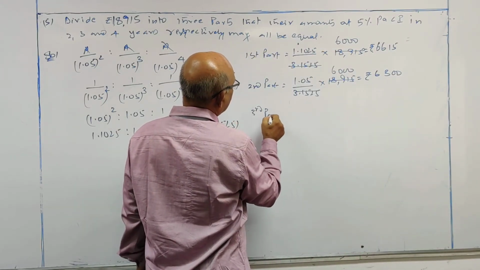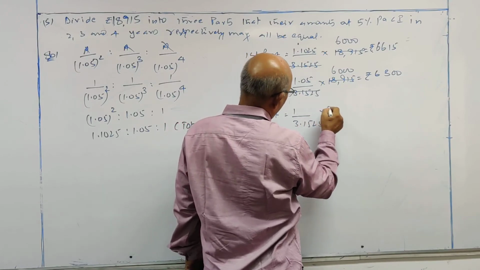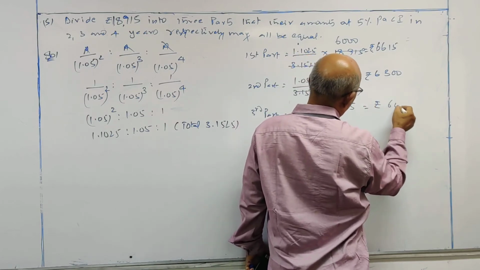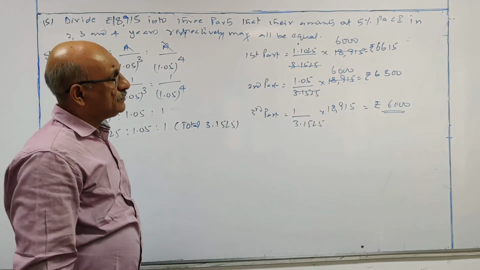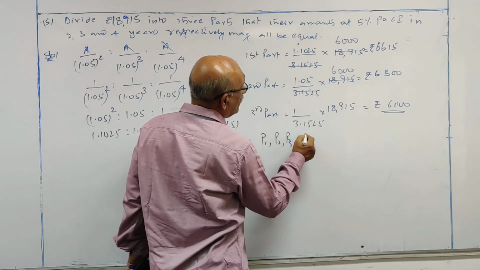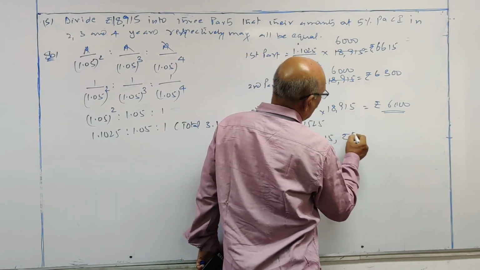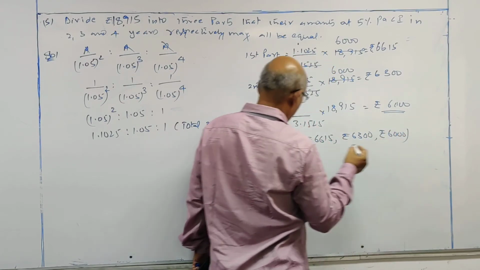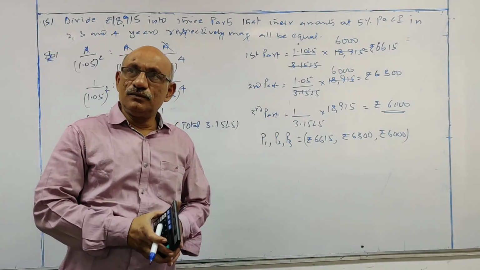Third part, 1 divided by 3.1525 into 18,915, so rupees 6,000. Principals P1, P2, P3 are equal to rupees 6615, rupees 6300, rupees 6,000. This is one more question.